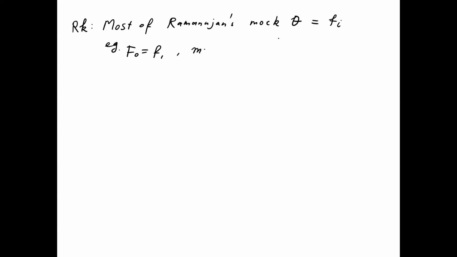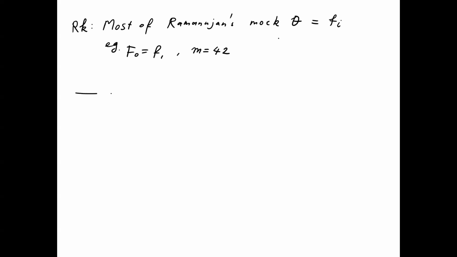Indeed, most of Ramanujan's examples are reproduced in some of the F's in this list of 39, including the F0 example we have seen, which occurs when m is 42.